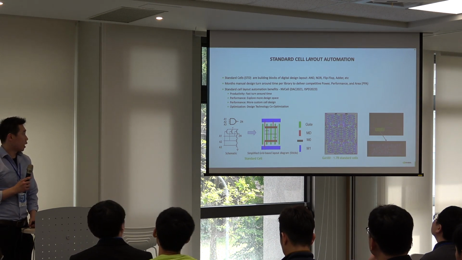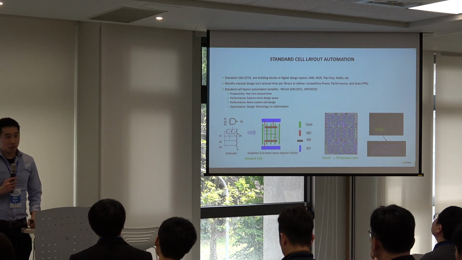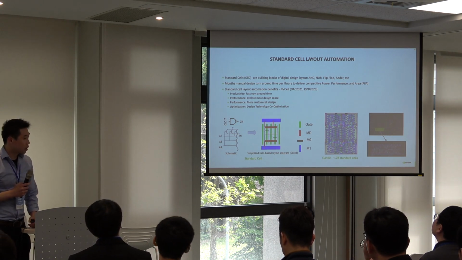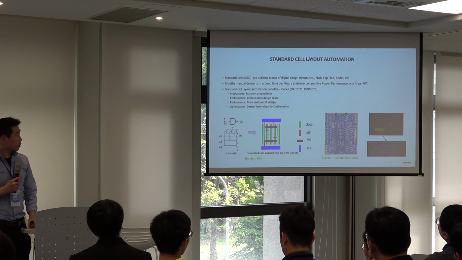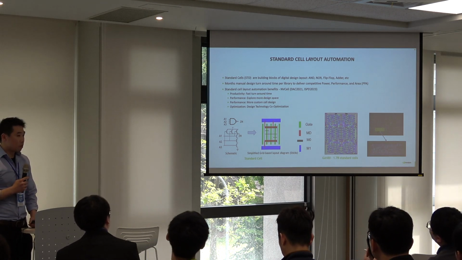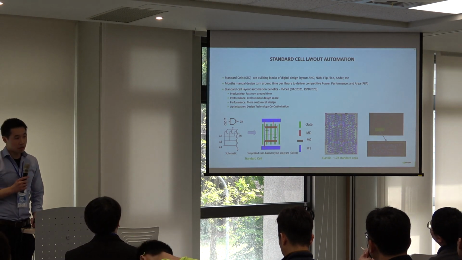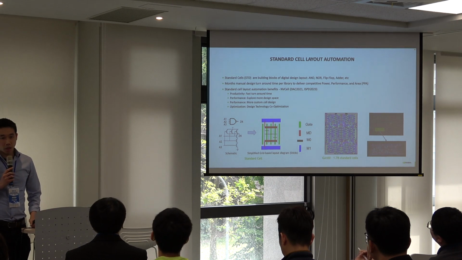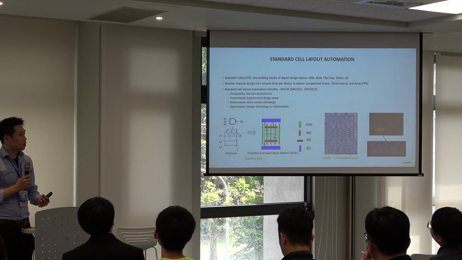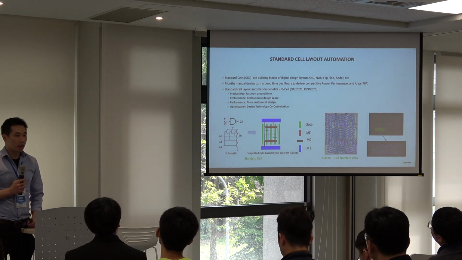As a result, there are many benefits to standard cell layout automation. First of all, it can improve the productivity and also the performance. And also the most important thing is it enables DTCO, design technology co-optimization, to optimize the design library and the design together.